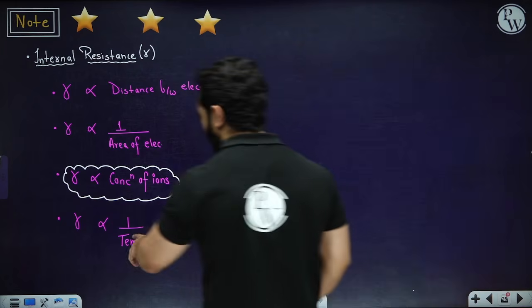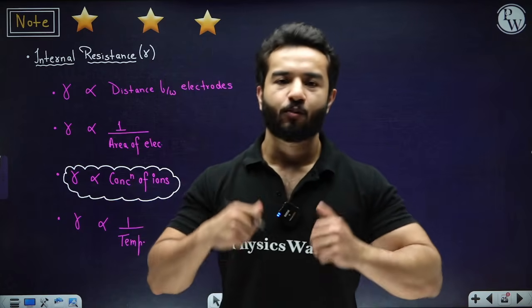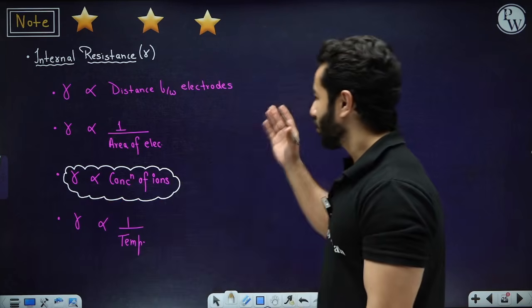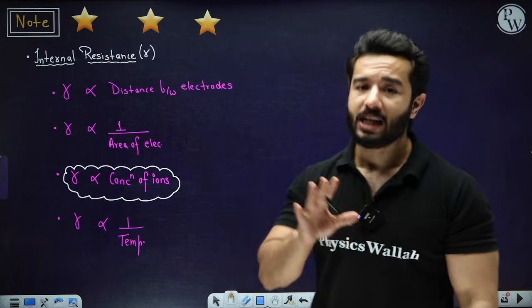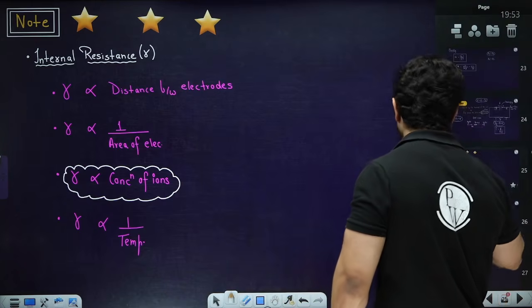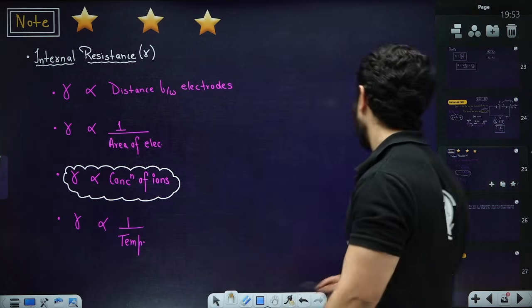It is also inversely proportional to temperature. If you increase the temperature, they will have more kinetic energy, and their mobility will increase. So these are the 4 factors which are very important for internal resistance, right? Moving on, actually not very important but very ignored, that's what I can say.